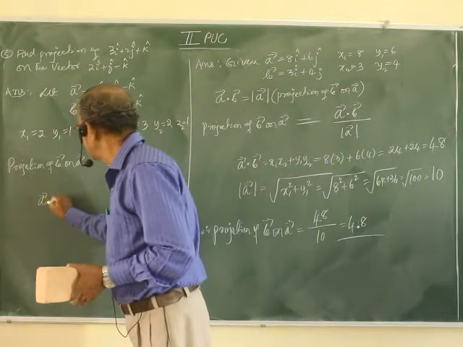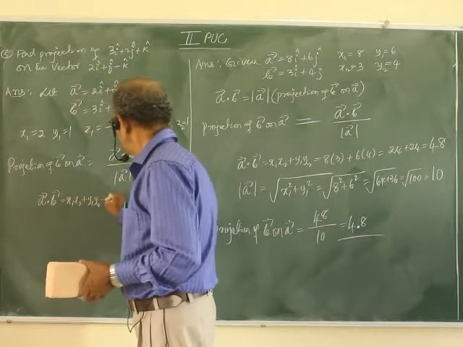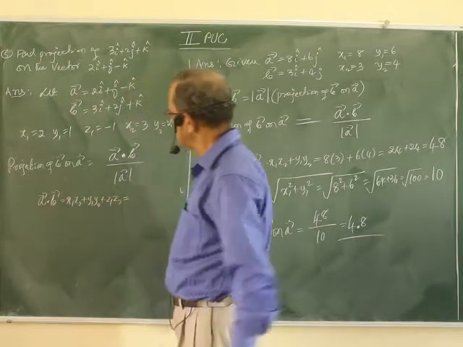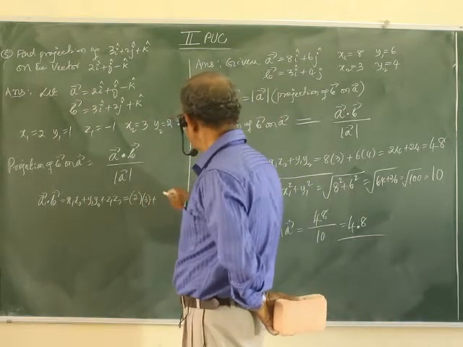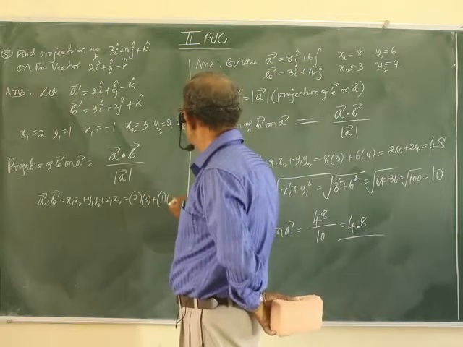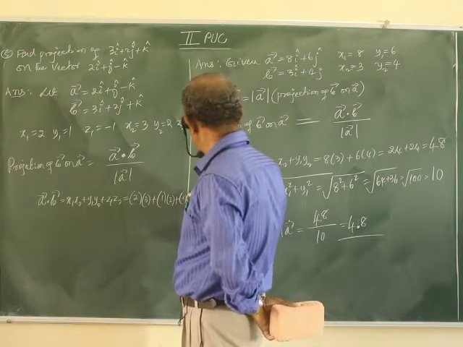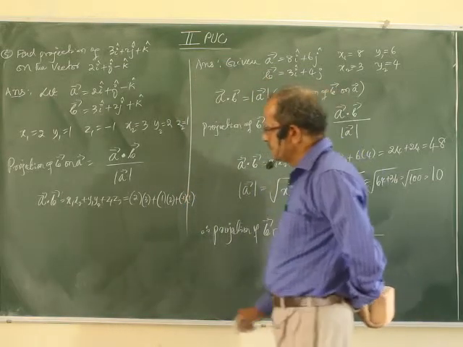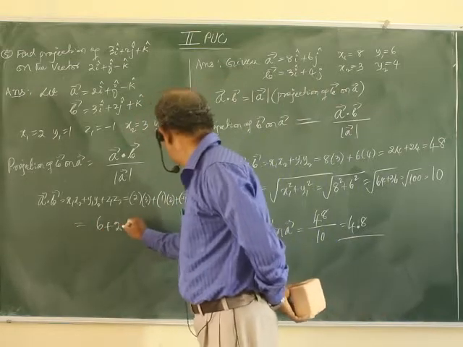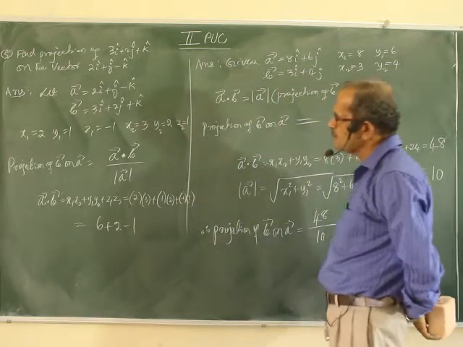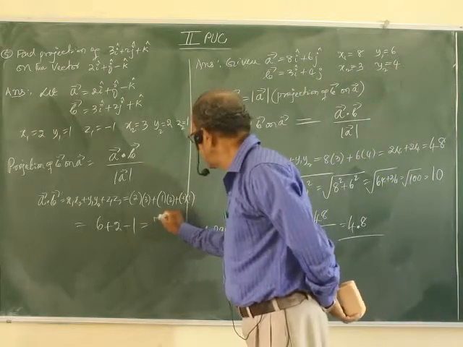Calculate A dot B first. x1 x2, y1 y2, z1 z2 equals 2 into 3, 1 into 2, minus 1 into 1. 6 plus 2 minus 1, 7.